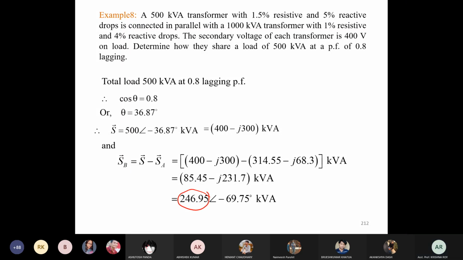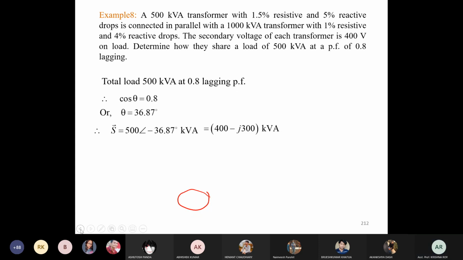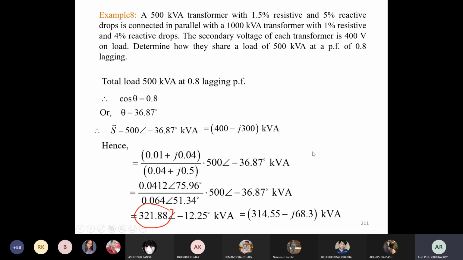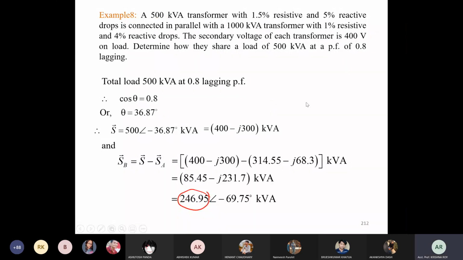Okay, so now observe the load shared by transformer A. How much was that? Approximately 322, which is close to 500, but in case of transformer B, it is only 246, which is far away from 1000.